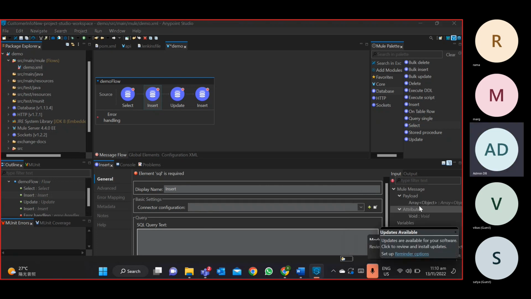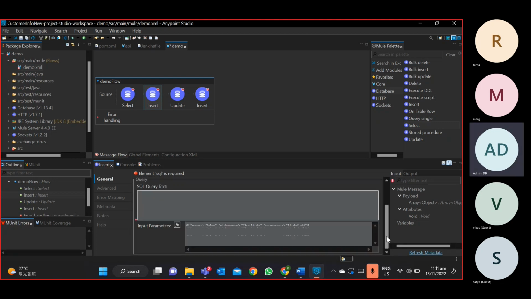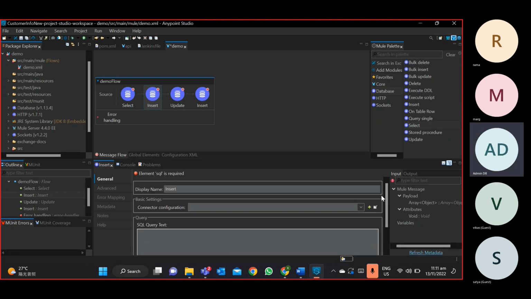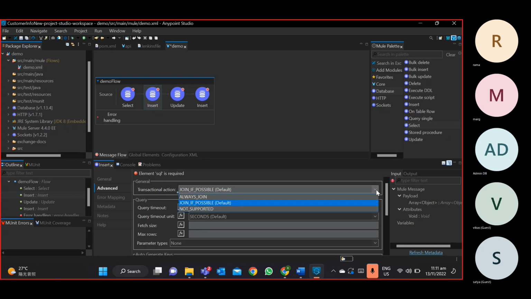Now in a transaction, as I mentioned, there will be two-phase commit, and this transaction manager will manage all those things. Whenever they built this connector, they designed the transaction manager and everything. You can see here in properties, we have transaction action, and we have options: always join, join if possible, not supported.